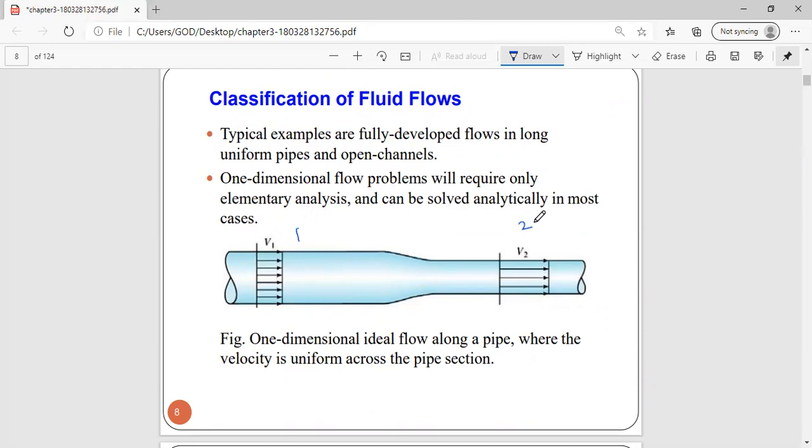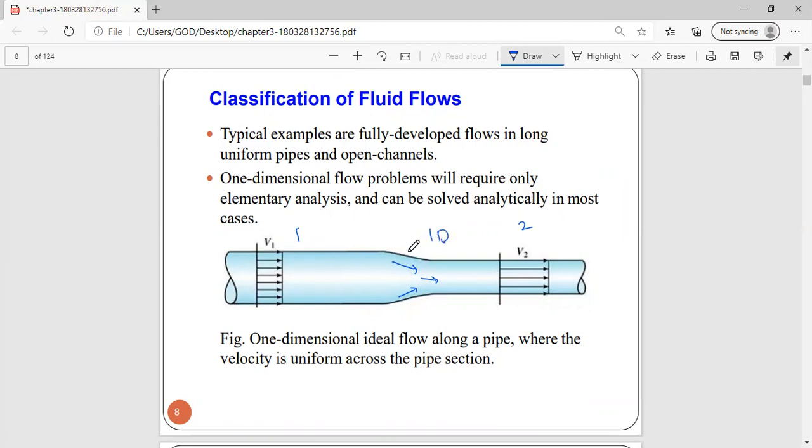Now we have to check whether this problem is a one-dimensional or a two-dimensional problem. If your fluid is moving in this direction, there is no problem. Here also it is compressed, and your velocity and pressure are changing. But if you are writing an equation, it is moving in one direction, so it is a one-dimensional flow.